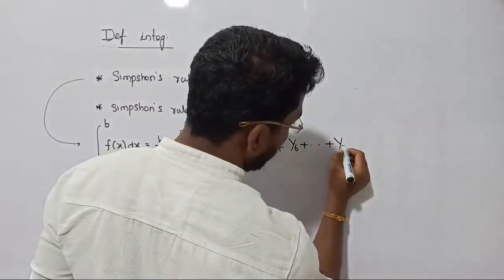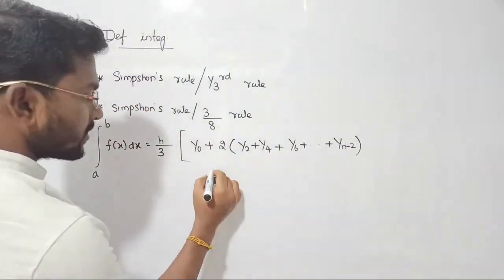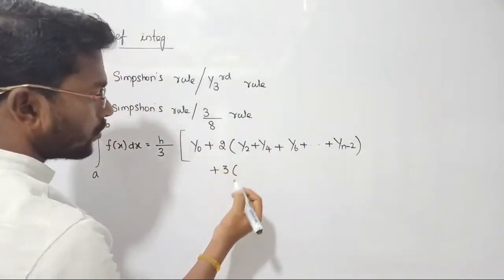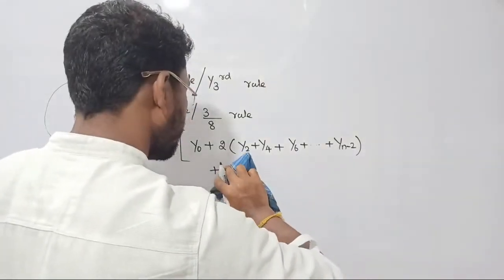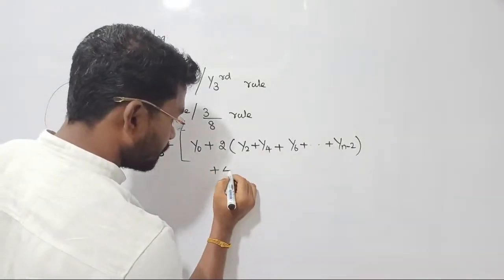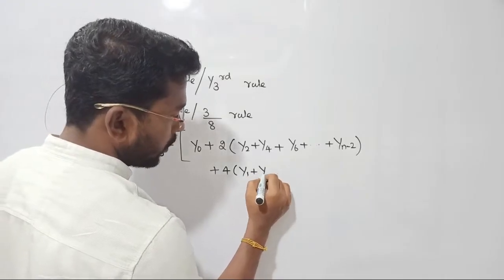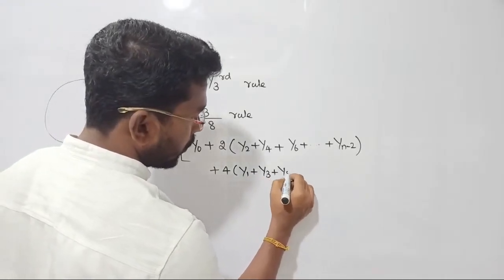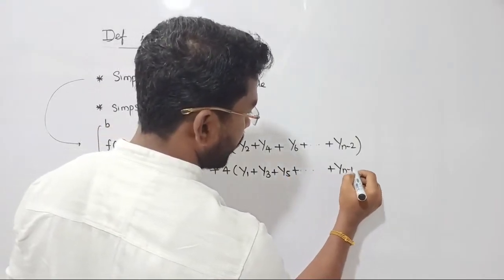Plus yn minus 2, because we are considering even intervals, right? Plus 3 into, sorry guys, 1 second, because 2 will become 4. 4 into, let us consider odd numbers, y1, y3, y5, etc. We are considering only odd intervals, yn minus 1.